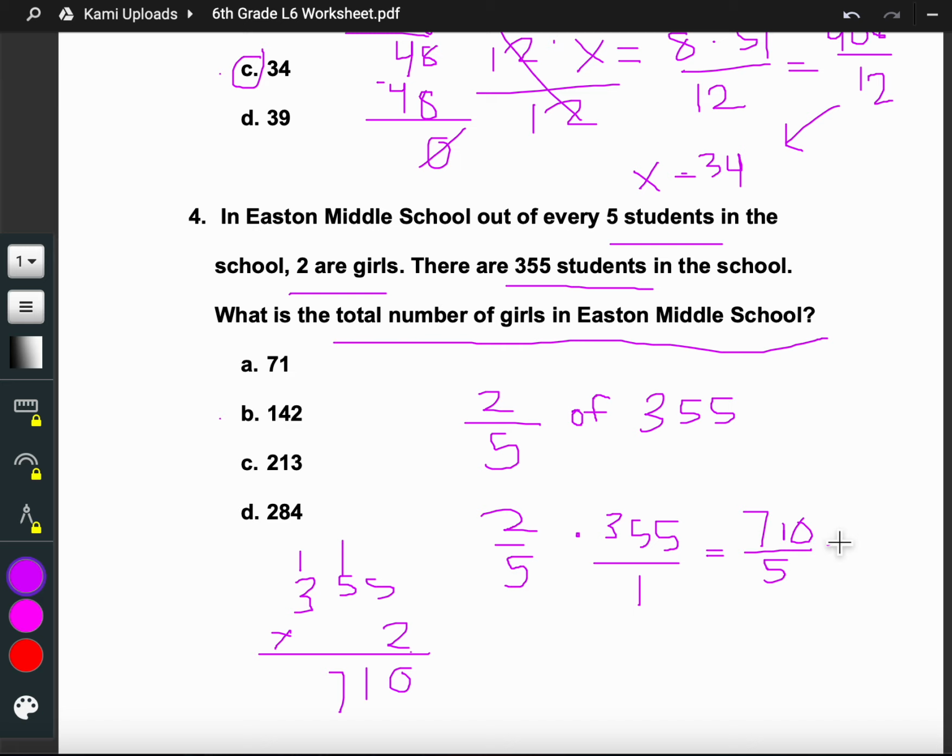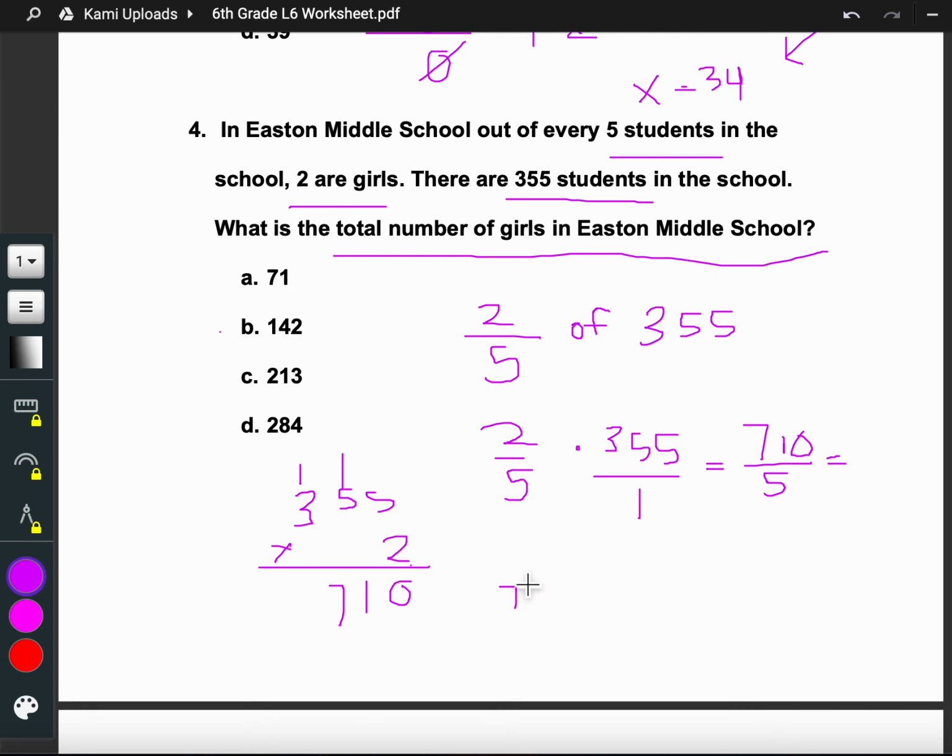And 710 divided by 5. So this should be 1, bring this down, this is a 4, and we have a 1 here, and we bring down the 0. So this should be 2. So this is 142. So there are 142 girls in Eastern Middle School.